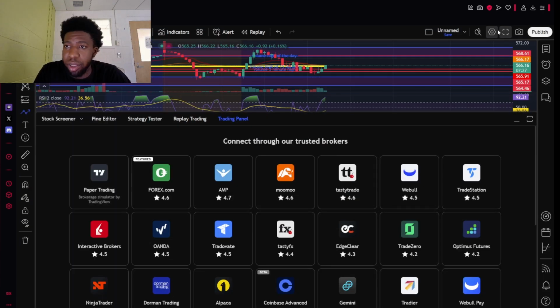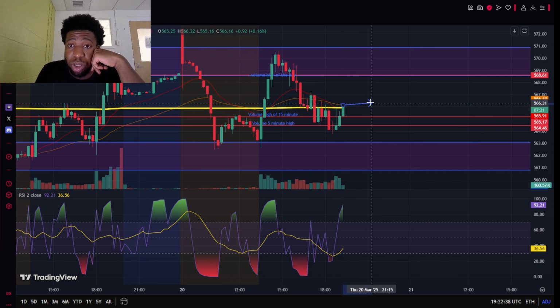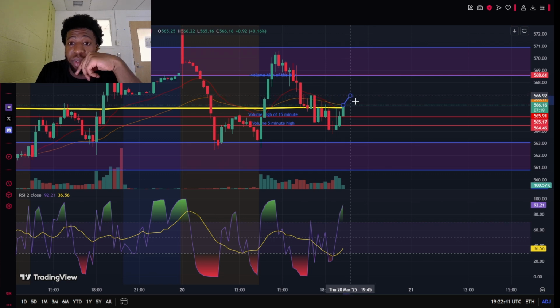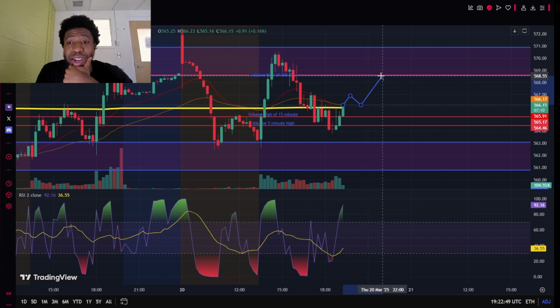Yeah, sorry. All right, there you go. So I think if it could hold above the VWAP, at least for tomorrow, I think that's bullish, honestly.